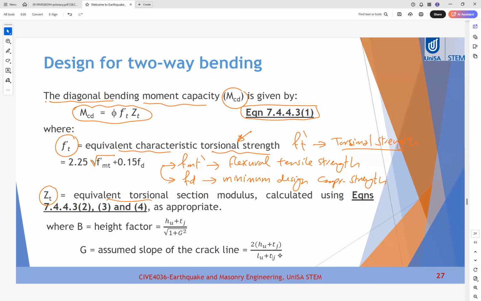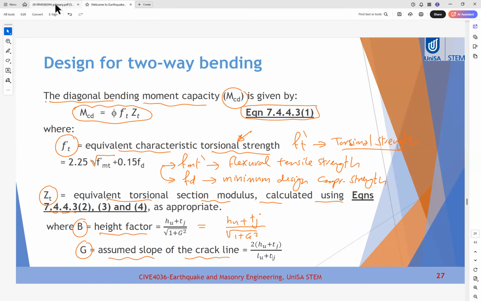Zdt is the equivalent torsional section modulus using equations 7.4.4.3 (2), (3) and (4), where B is the height factor equal to (HU plus TJ) over root (1 plus Z squared), and Z is the assumed slope of the crack line, 2 times (HU plus TJ) over (LU plus TJ).